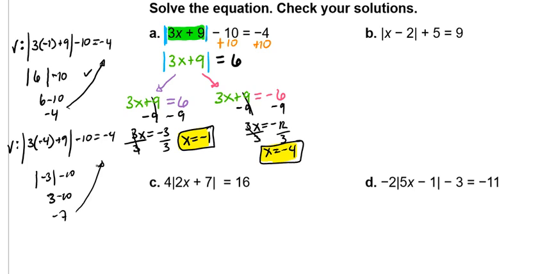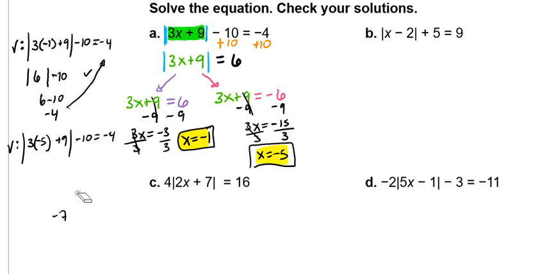Those don't match. So let's go back to our work and see, did we make a mistake? And we did, because -6 minus 9 is not -12. -6 minus 9 is -15. So when we divide that by 3, we should have -5. So let's plug in the -5.